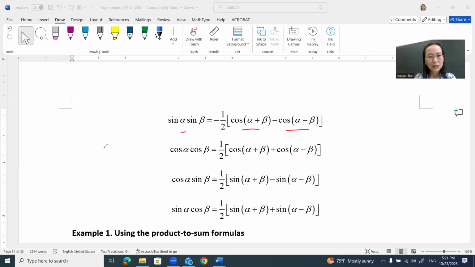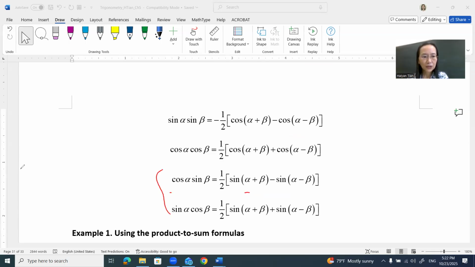Or by doing the difference or sum of the cosine identities, or by doing the difference or sum of the sine identities, we can get these two.